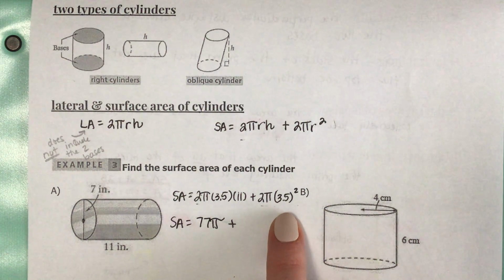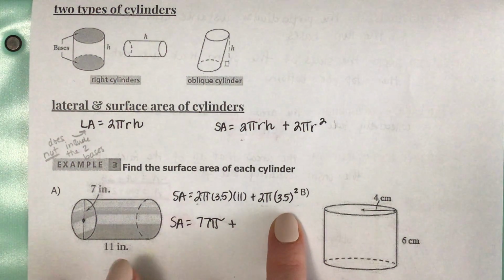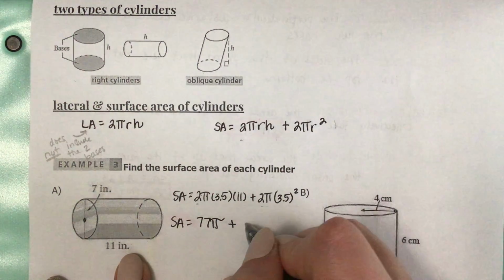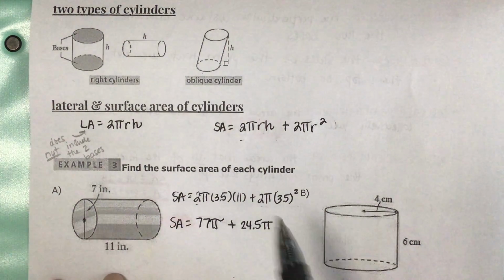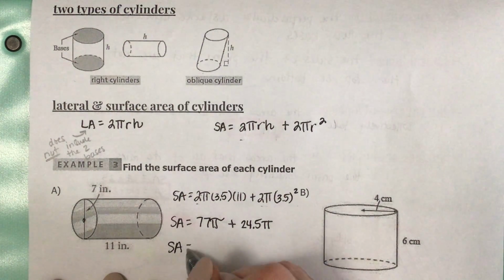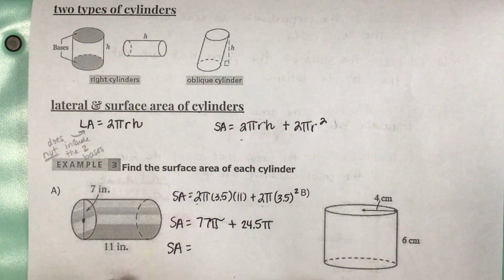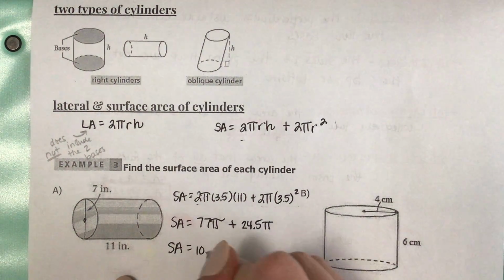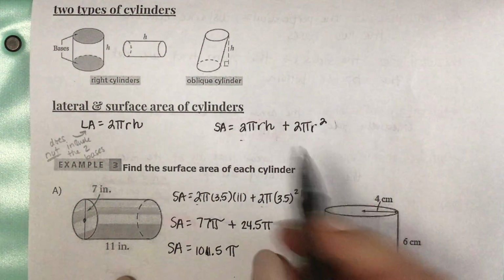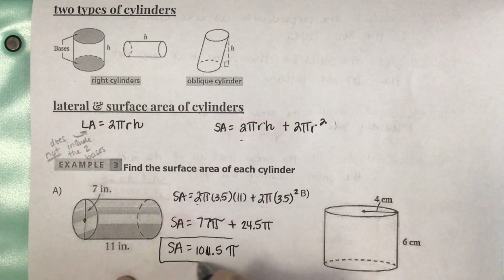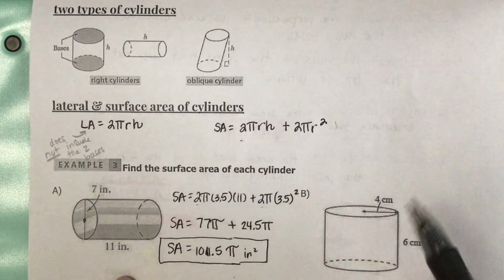So I've got 3.5 times 3.5 times 2, and that's going to be 24.5 pi. Now I'm able to add these up. So I have surface area is equal to 101.5 pi.